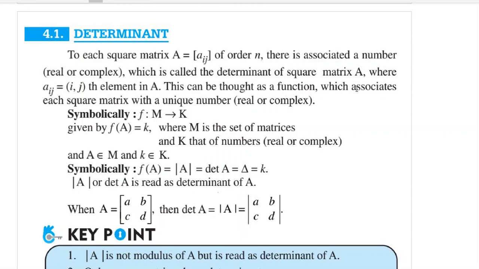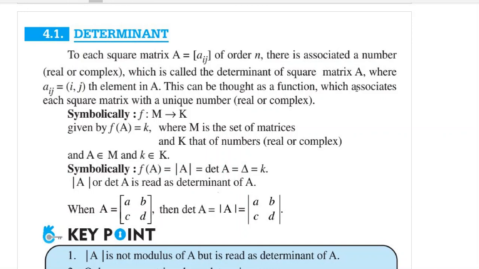Symbolically, a function from M to K, where the function is denoted by f of A is equal to small k, and capital M is the set of matrices, and capital K is the set of numbers, real or complex.